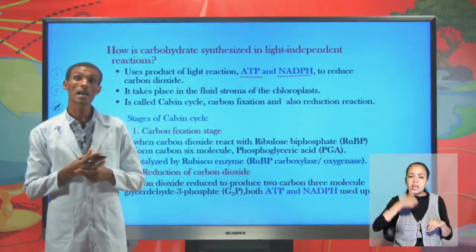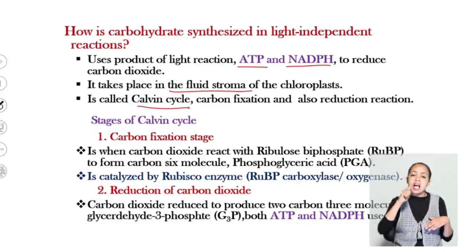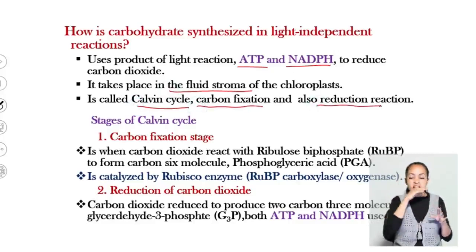Mainly, this reaction takes place in the fluid stroma of chloroplasts, where many enzymes are present. This reaction is considered the Calvin cycle, carbon fixation, and again reduction reaction.